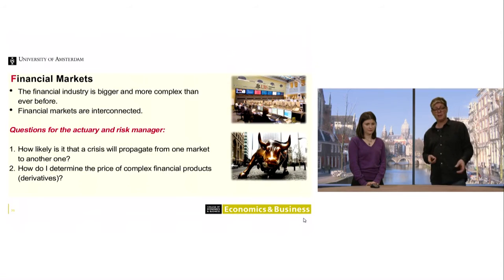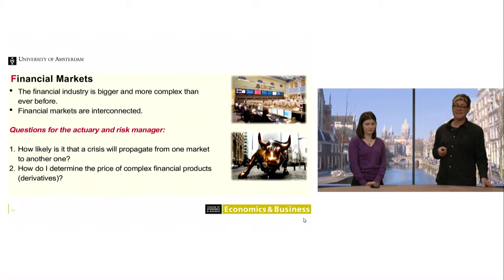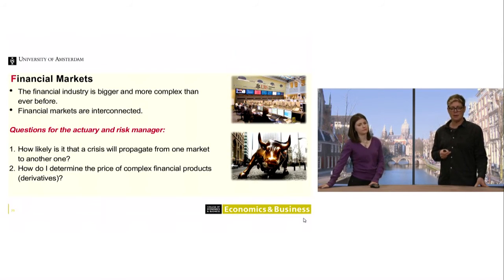Actuaries, you also find them in financial markets. Why? Well, I told you that actuarial science is also about risk management, and here is the risk management part. The financial industry is bigger and more complex than ever, and financial markets are interconnected. So if things go wrong at Wall Street, probably you'll find the same aspects in Tokyo and wherever else in the world.